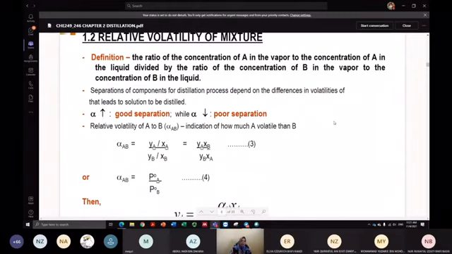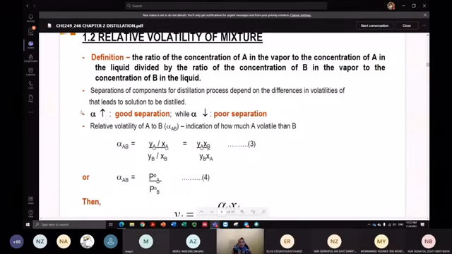So let's look at this one. When the value of alpha is bigger, you're going to have a good separation process. But when your alpha is very low or small, you're going to have poor separation.